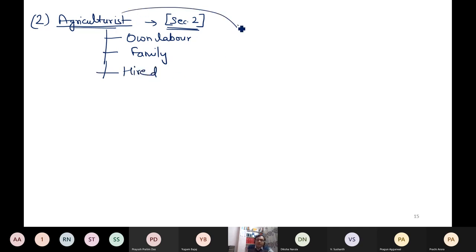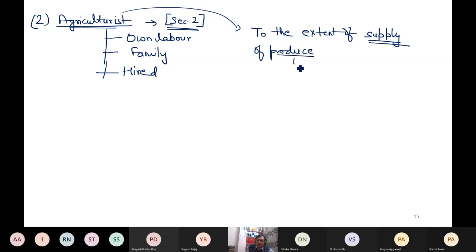Now these people, to the extent of supply of produce, and if this produce is from cultivation of land, then agriculture is not liable.